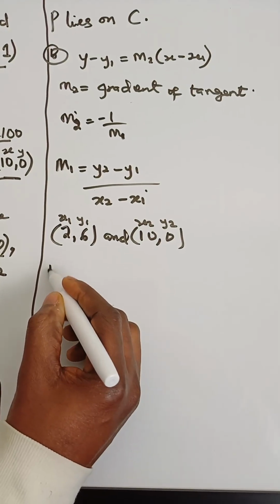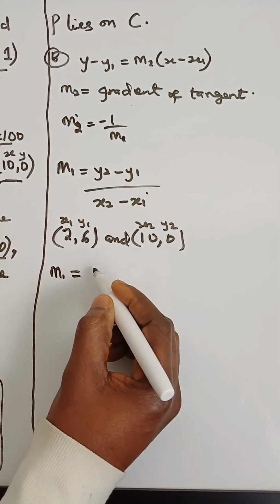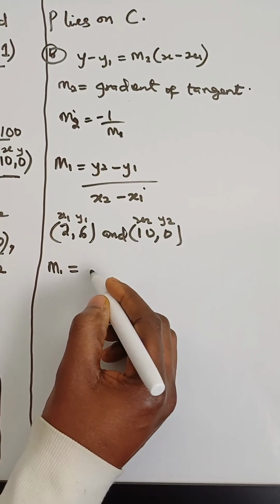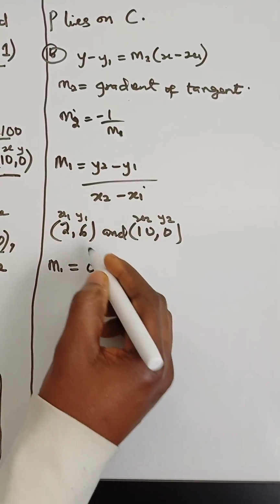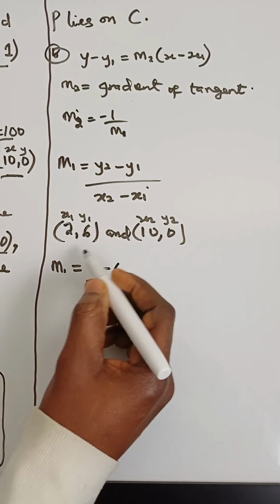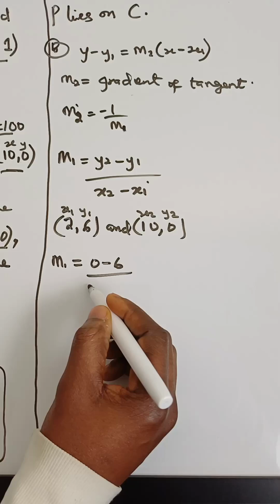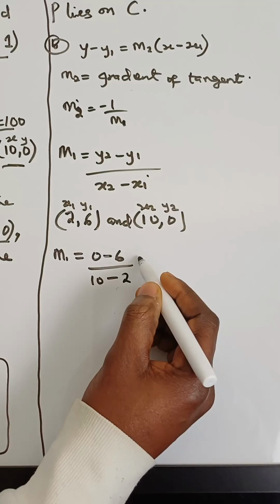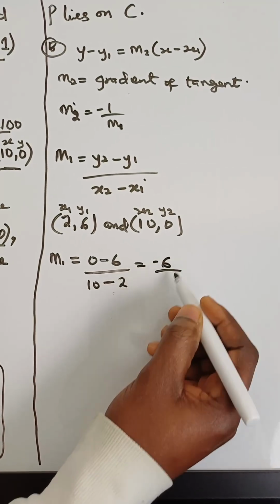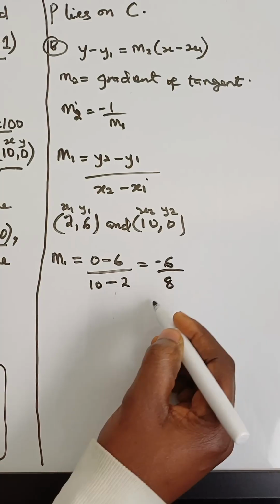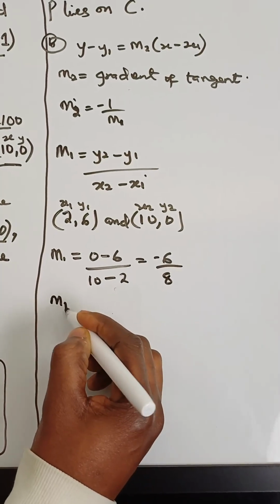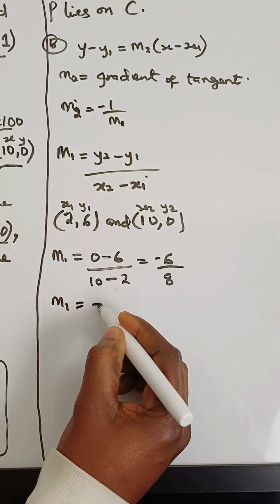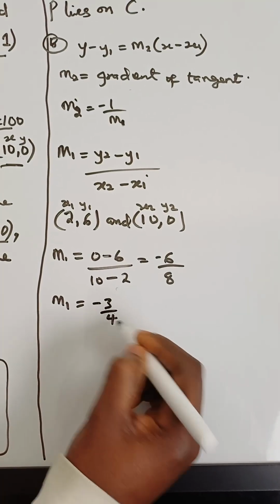So x2 is 10, y2 is 0, y1 is 6, and x1 is 2. This will give us minus 6 over 8. And if you reduce this, the gradient of the radius will be minus 3 over 4.